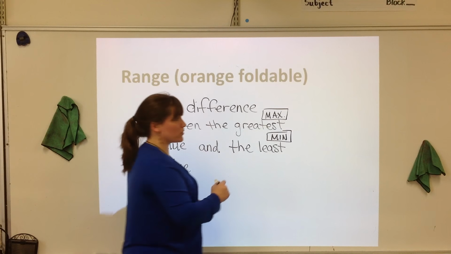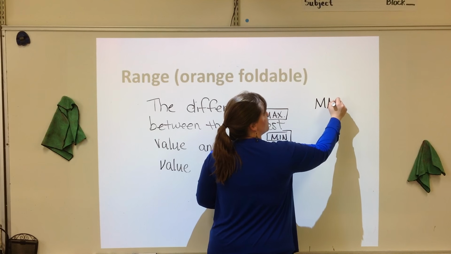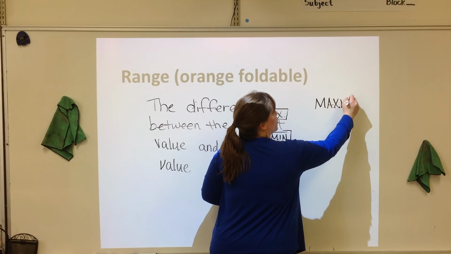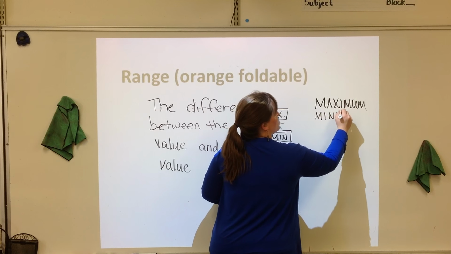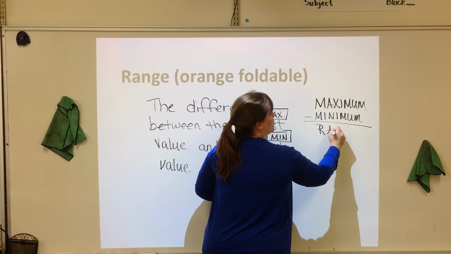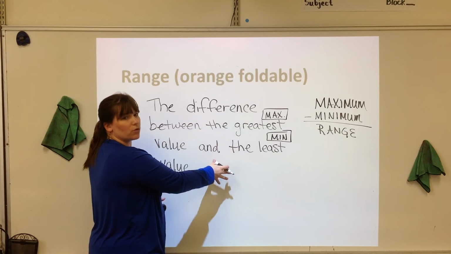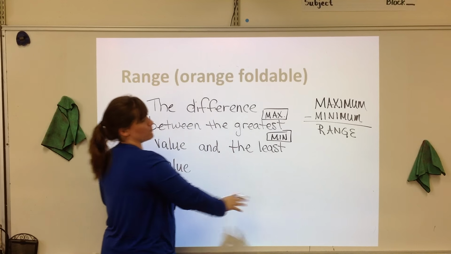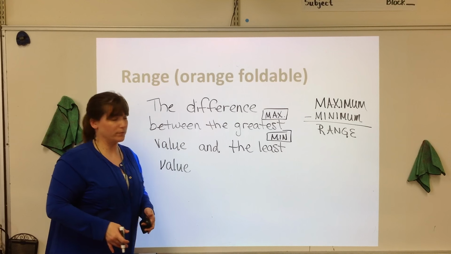So on the right, we're just going to do the shorthand version to find the range. We're going to take the maximum value, and we're going to take the minimum, and we're going to subtract to get the range. So you should be able to close the door and not see the definition, but still be able to see the shortcut. Basically, range, max minus min.